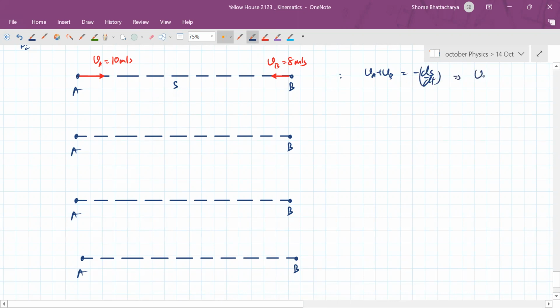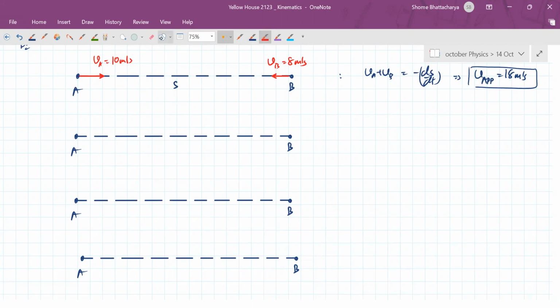So the approach velocity between them is directly equal to 18 meters per second. It's very easy to understand, because after some time, A would have come closer to B by 10 delta t, and B would have come closer to A by 8 delta t. So overall the distance between them has decreased by 18 delta t. So the rate at which the distance is decreasing becomes 18 meters per second.